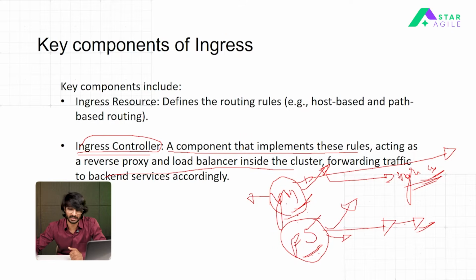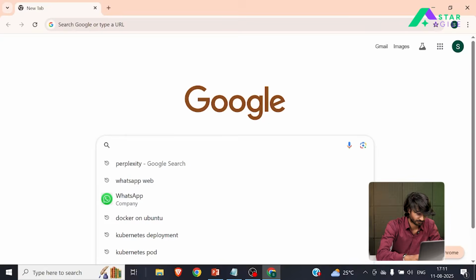If you are using the Nginx load balancer, you need to download the Nginx ingress controller. If you're using the F5 load balancer, you should download the F5 ingress controller. Right? Where to download, how to download, let me show you that.